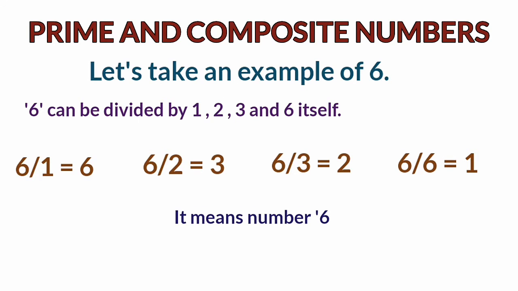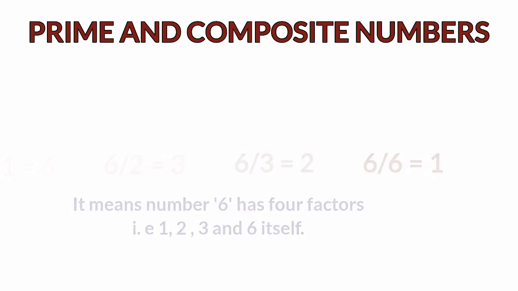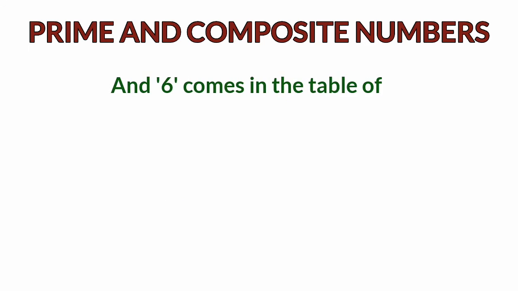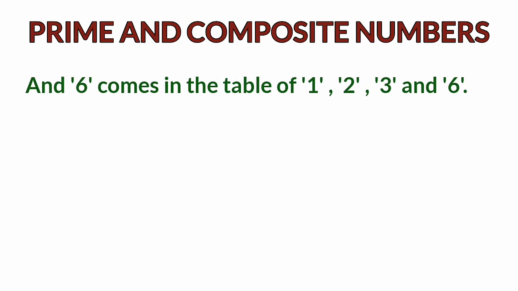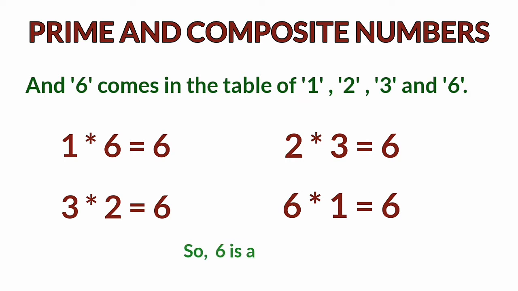It means number 6 has 4 factors, that is 1, 2, 3 and 6 itself. And 6 comes in the table of 1, 2, 3 and 6, as 1 6s are 6, 2 3s are 6, 3 2s are 6 and 6 1s are 6. So 6 is a composite number.